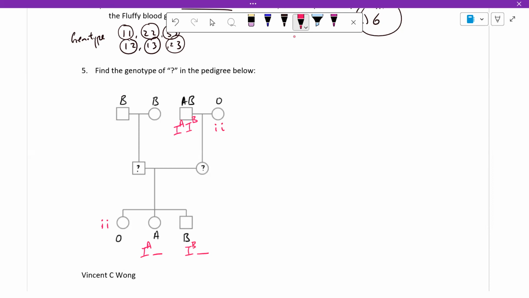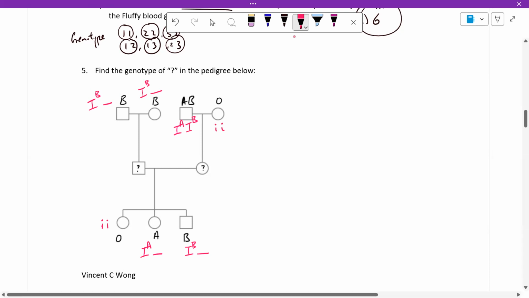Small i, maybe, but when we're doing this question, we don't know yet, right? I'm just going through the steps of how you would approach this. So that's how you would set up your answer to start the question. No thinking is required here yet. You just write down the genotypes.